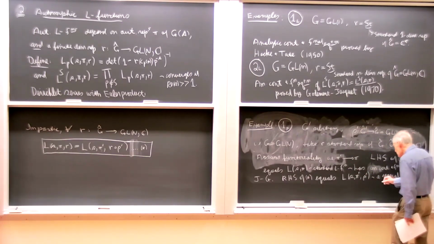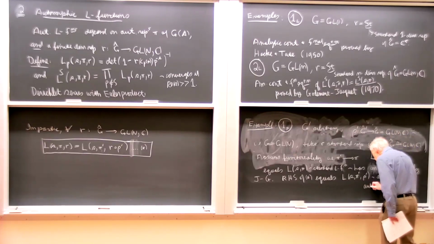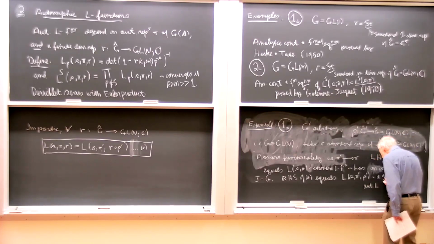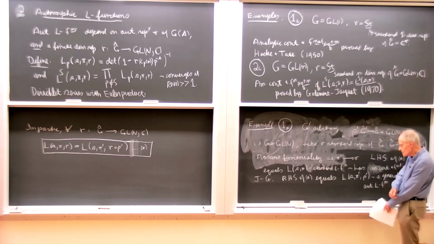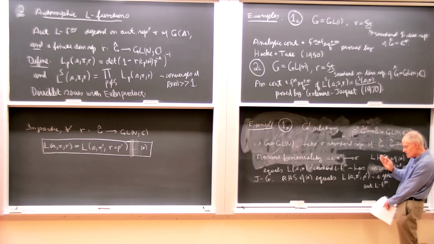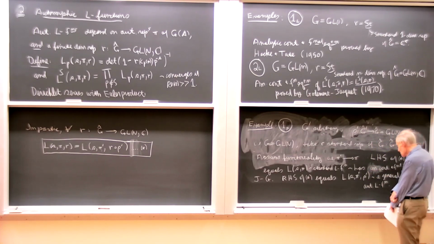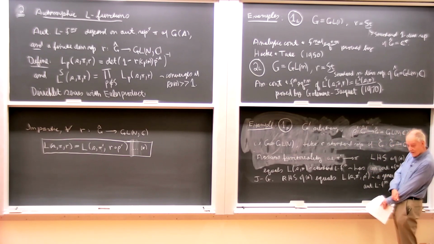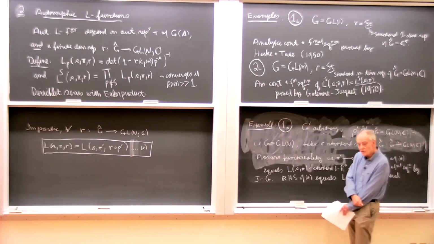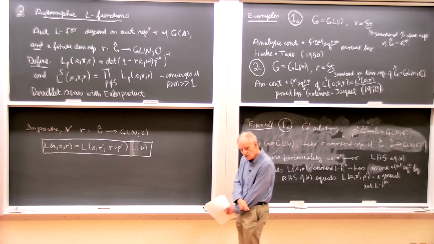This is a general automorphic L function. The right-hand side is a general automorphic L function, while the left-hand side is a standard automorphic L function for which we know analytic continuation and functional equation. So functoriality implies functional equation and analytic continuation.